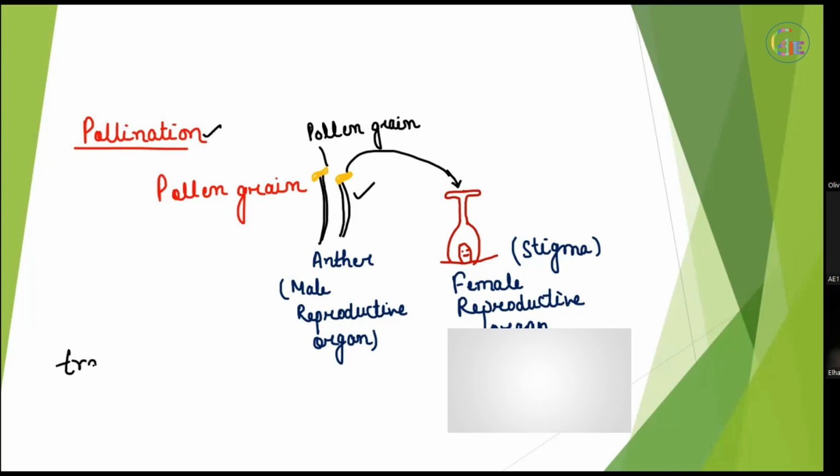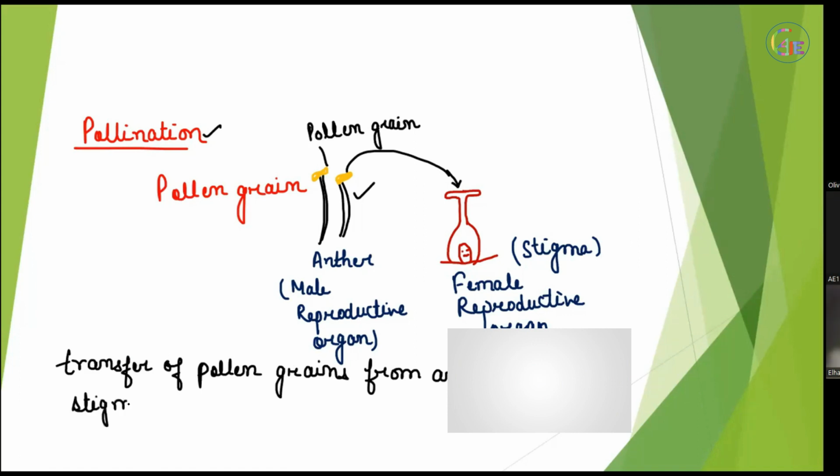It's a transfer of pollen grains from an anther to a stigma. Okay. So this is how you need to explain pollination.